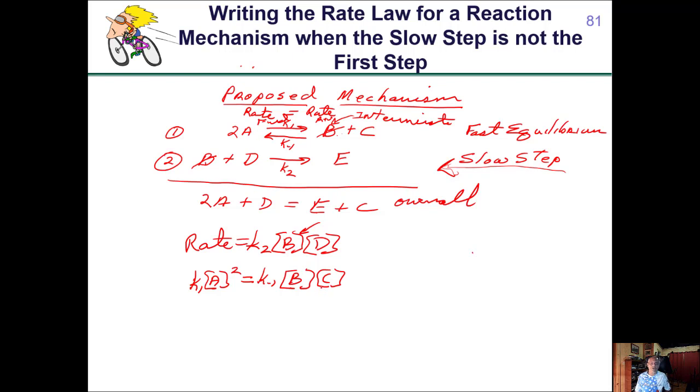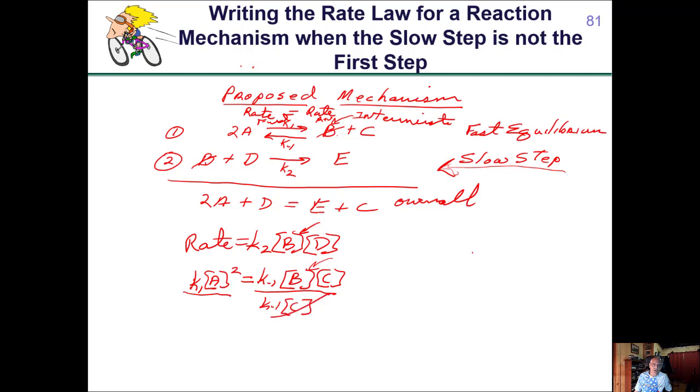So we're going to solve for the intermediate so we can write the rate law in terms other than the intermediate, because I can't go to the shelf and pull off any intermediate B to write the rate law for. It's not a reactant. So I'm going to divide both sides by k-1 times [C].